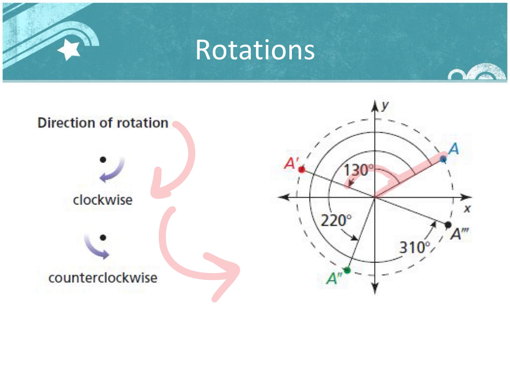Now, for the second, which is A double prime, we start at the A and we move 220 degrees to land on that new line. And then for the third one, A triple prime, we start at the A and take the whole rotation all the way to the end of that line, which is 310 degrees.